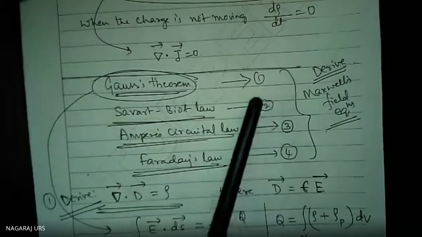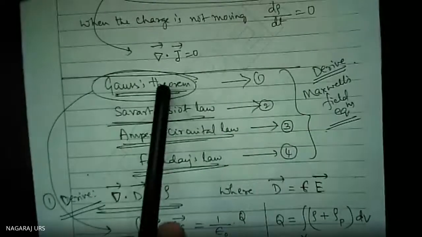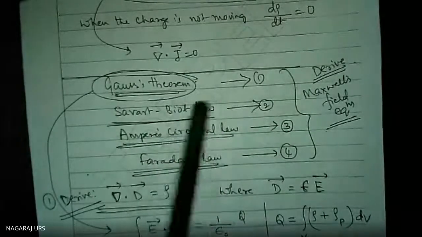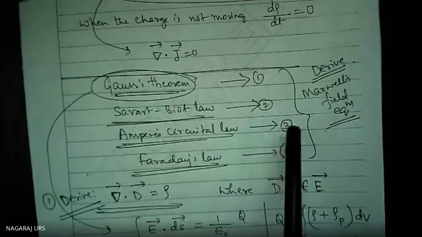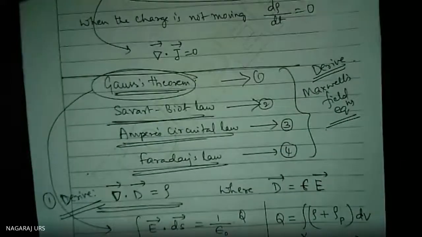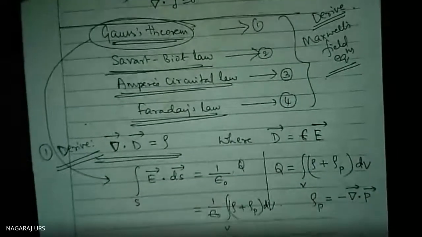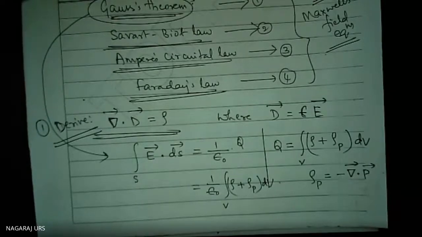Maxwell derived the first equation, second, third and fourth equation based on these basic concepts. These two are finished. Next class I have to finish these two. I'm supposed to cover these two ideas. Derive first Maxwell's field equation.